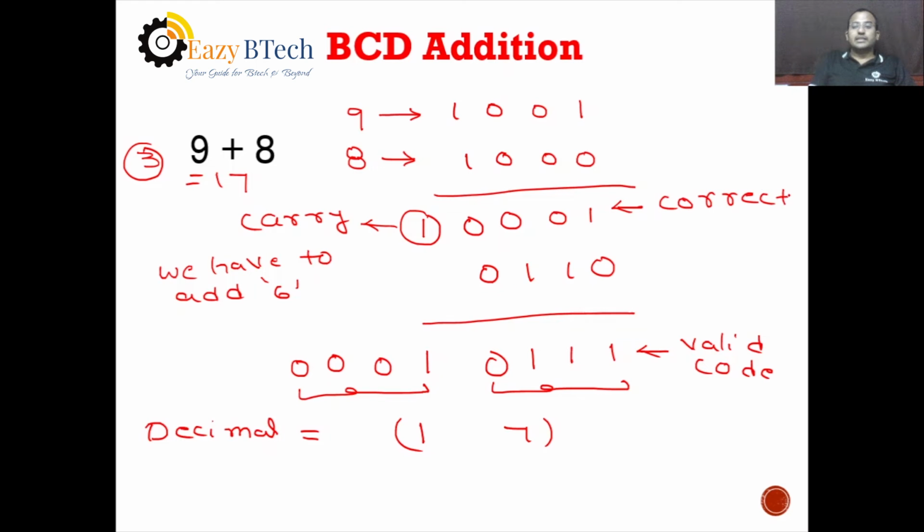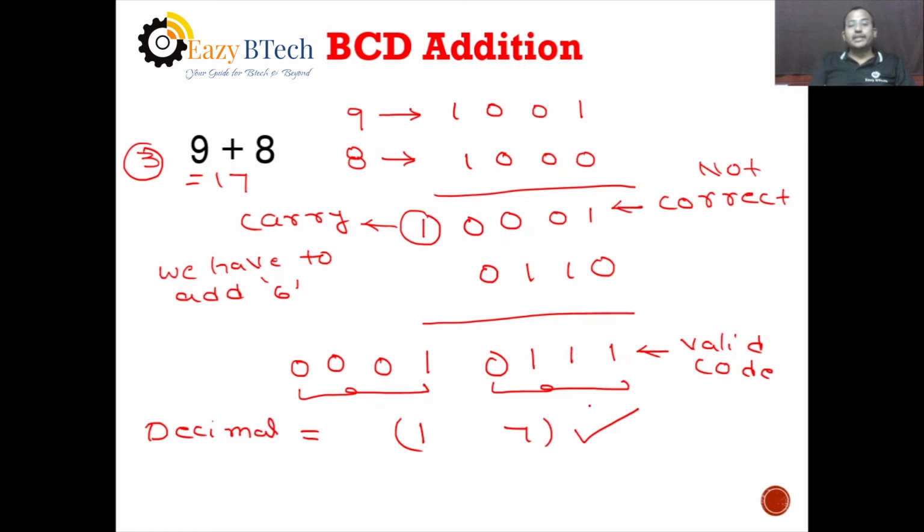To get the valid answer, whenever we get a carry out of the addition operation, we have to go for the correction. Correction means we have to add 6.